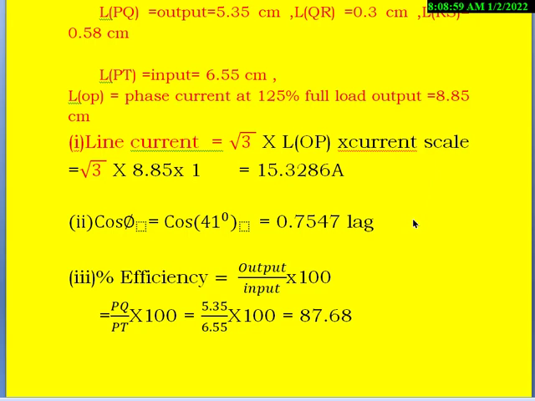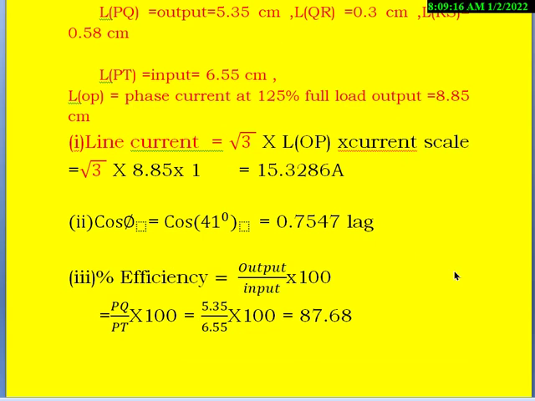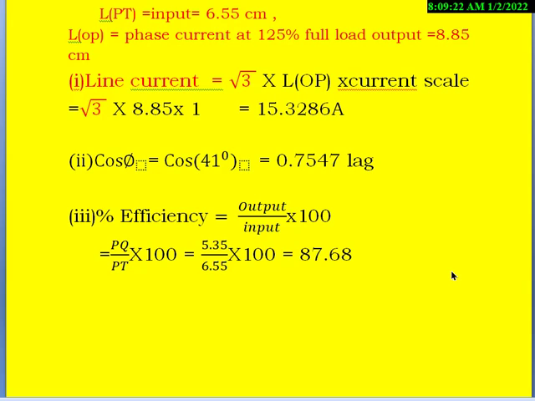We also saw how the circle diagram came into existence from circuit theory, and using that we drew the circle diagram for this three-phase induction motor. From this circle diagram, which is the current locus diagram, we found the efficiency of the three-phase induction motor.